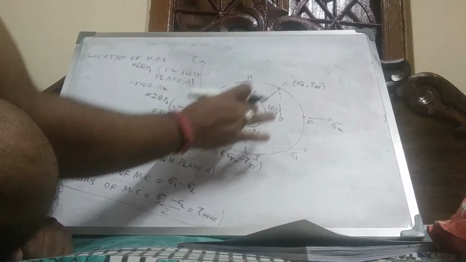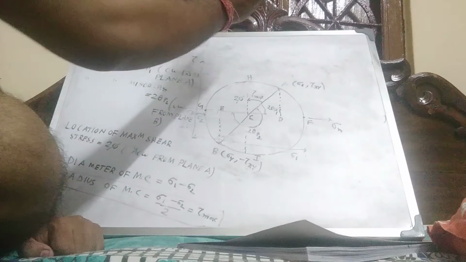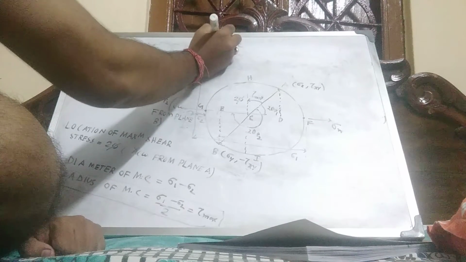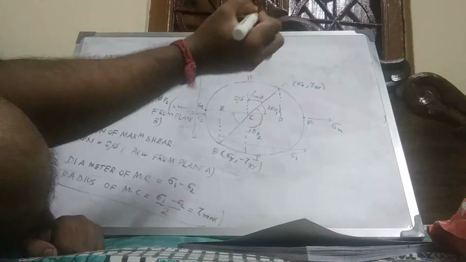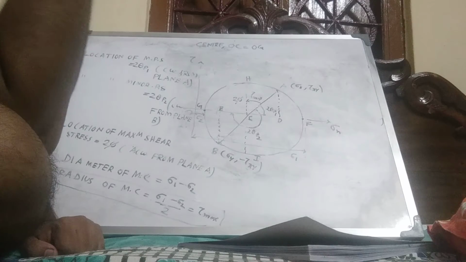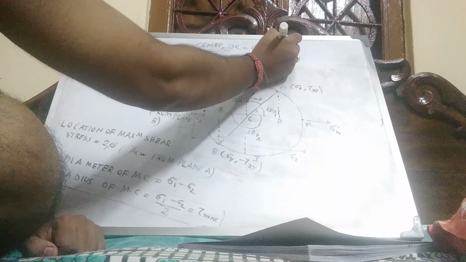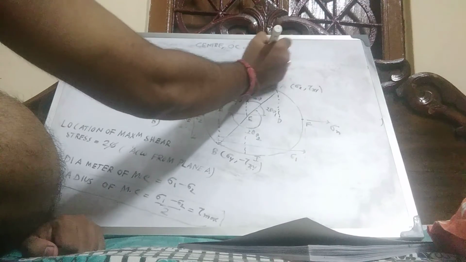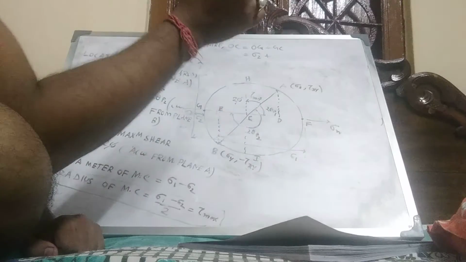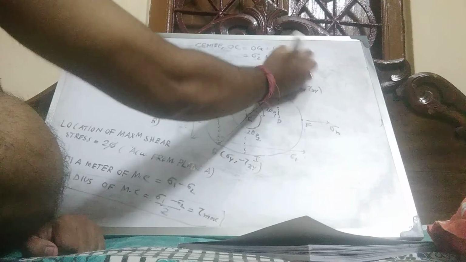Now the center: this is point O. OC is the center distance. OC equals OG plus GC. OG we know is sigma 2, and GC is the radius of the Mohr circle, sigma 1 minus sigma 2 divided by 2.